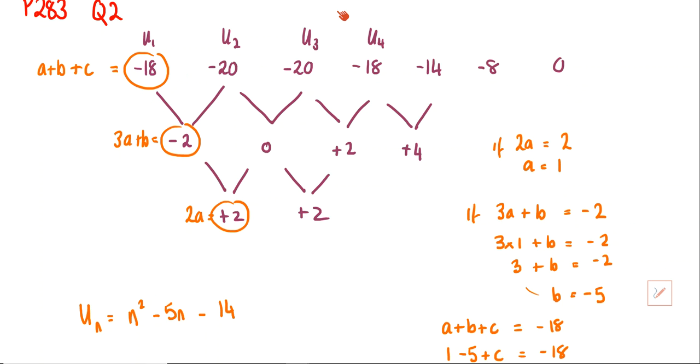But what do you know about a quadratic function? What does it look like as a graph? A quadratic looks like either that or up the other way, doesn't it? That's why it's mirrored.